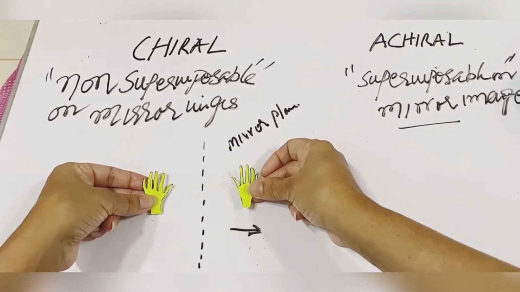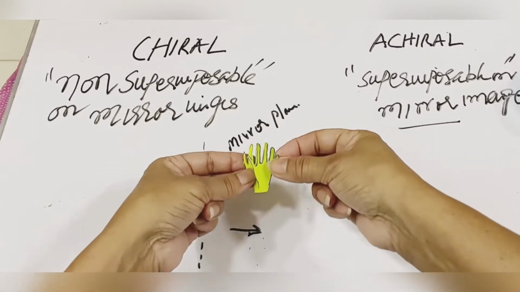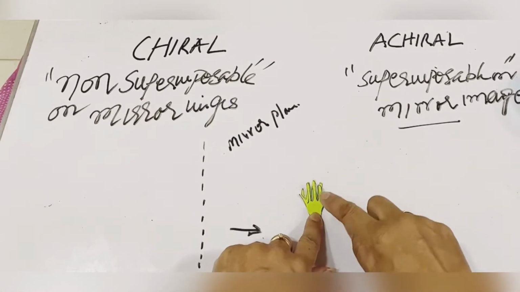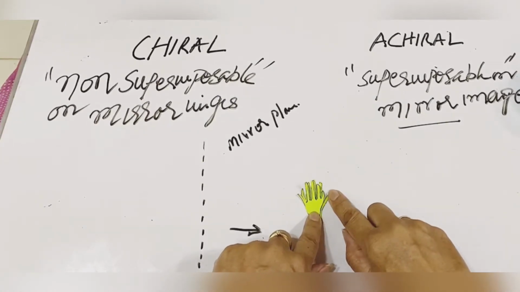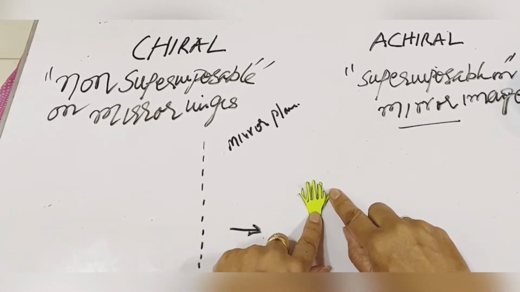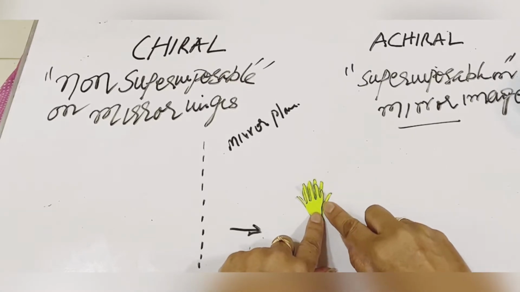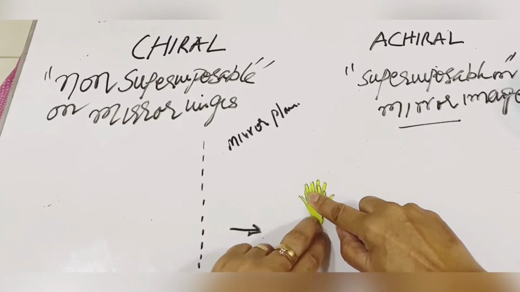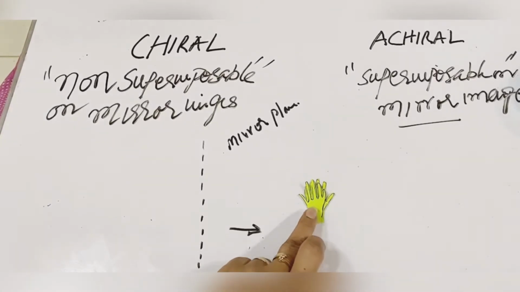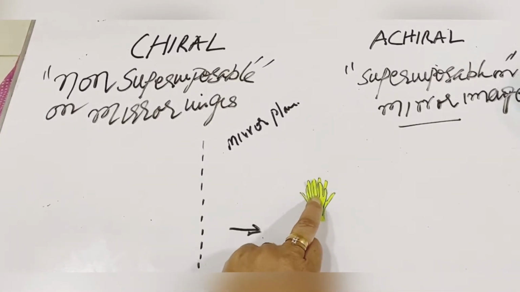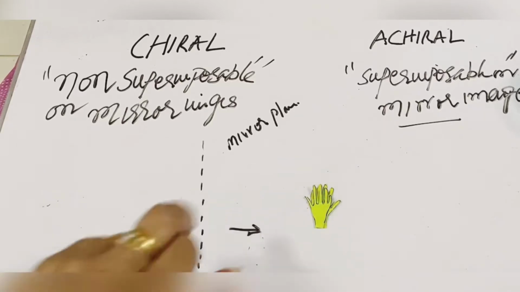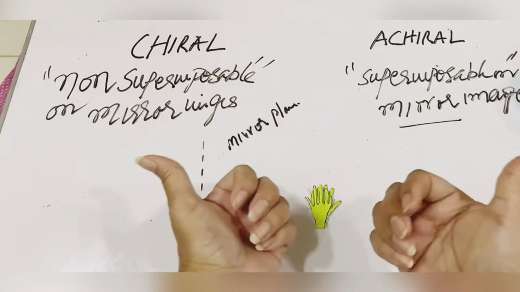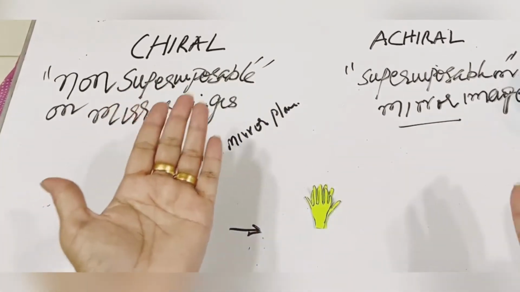So now we are going to superimpose them. Let's superimpose them and see what is happening. Are they superimposed? Are all the fingers being superimposed or not? No, they are not. You can see they are not, right? The thumbs are on the opposite sides.